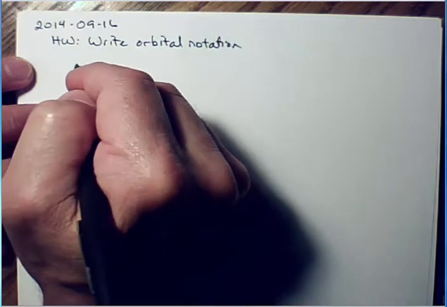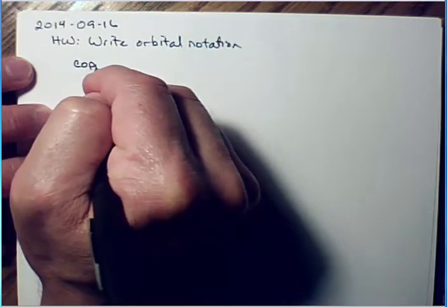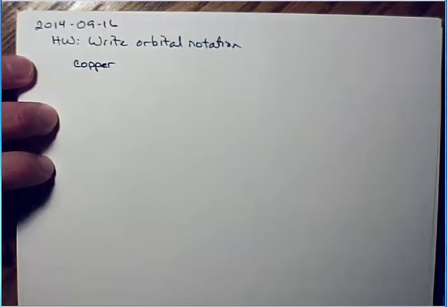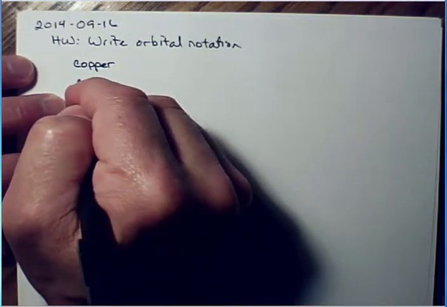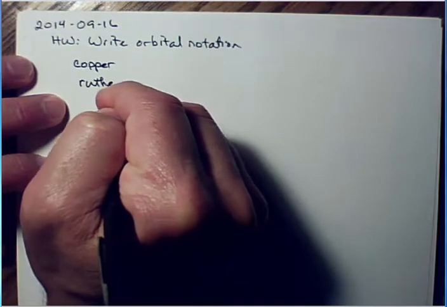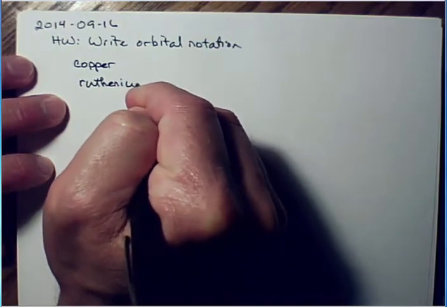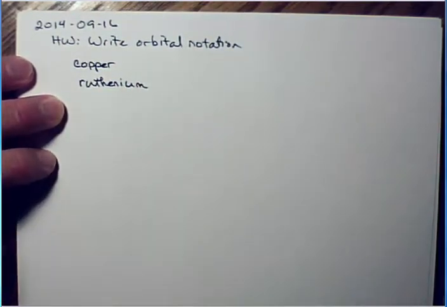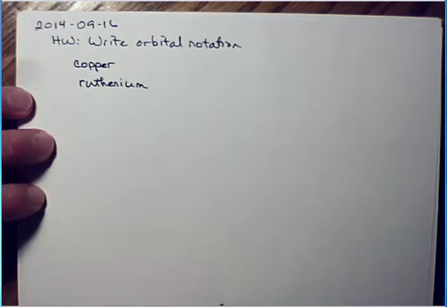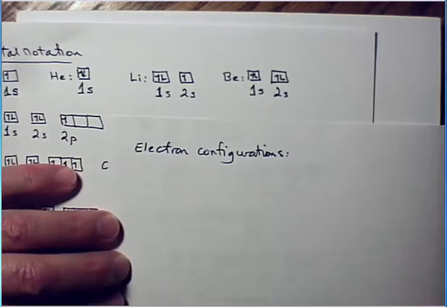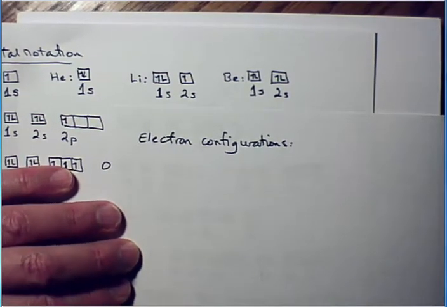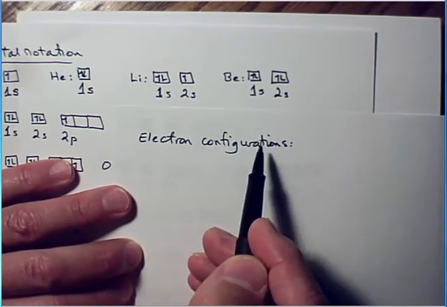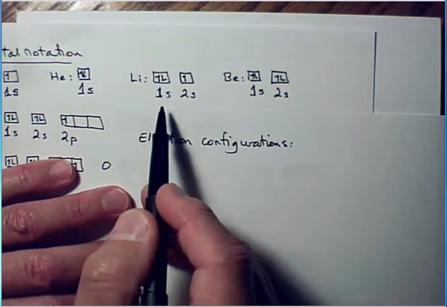Let's do it for copper and ruthenium. Okay? Copper and ruthenium. Electron configurations are really simple once you understand orbital notations. That's what we're going to do next.